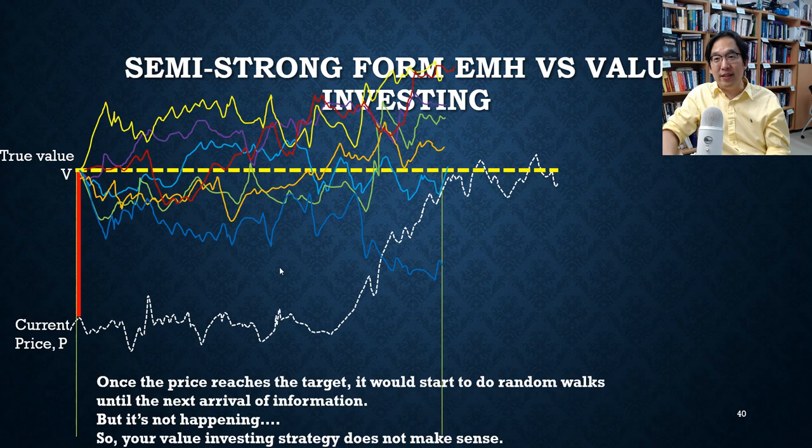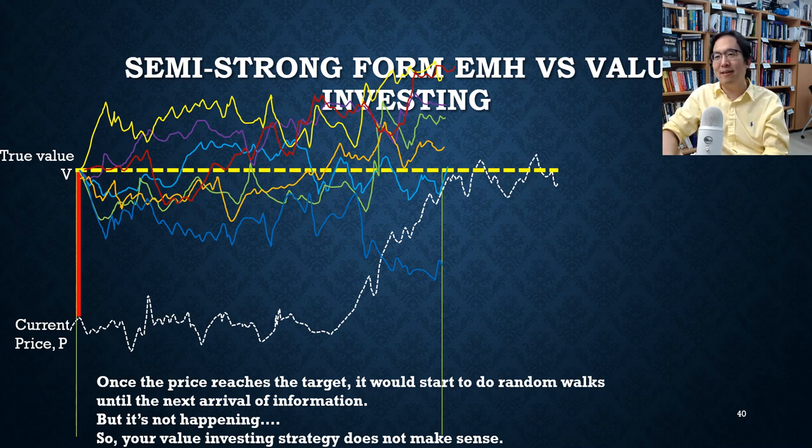Okay, and then it will start to do random walk like this. Okay, on average they will stay in this true value later on. Okay, but the key point is that if your value investing idea was correct, you are not alone finding that, but everybody else will do the same, so that the price should have gone up to the true target value right now.